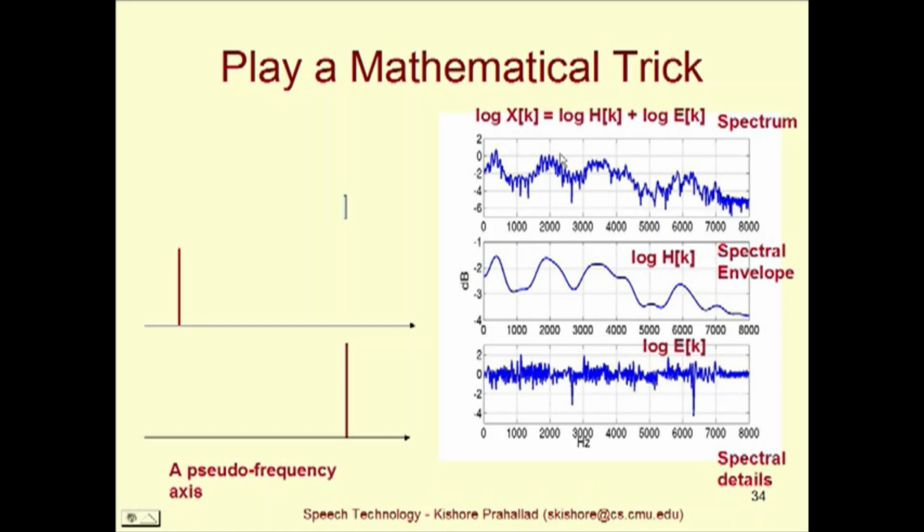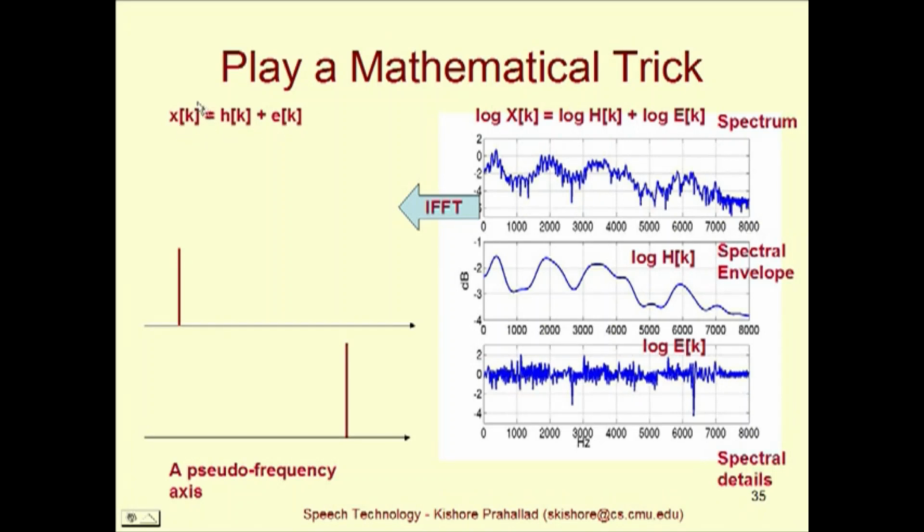Now we want to take IFFT of this signal. Apply IFFT on this equation, and you would get back a signal x of k, which is denoted as h of k plus e of k, correct?